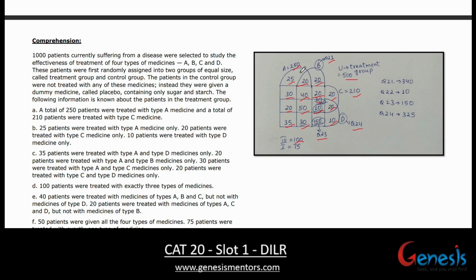So this is 250, 250 plus 30 plus 20, 50, 300 plus 40, 340 plus 10, 350, right? This is 350. So remaining will be this value, right? Which is 150, right? Because y is 0.